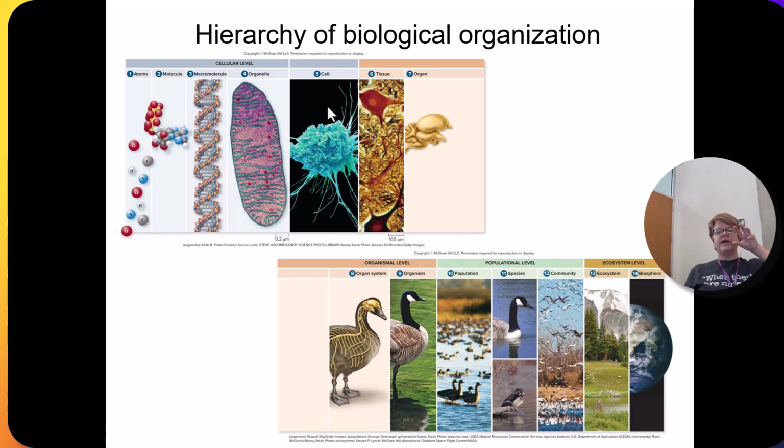You're moving away so that you can see bigger and bigger items in the same view, until you get all the way to biosphere, and then you're looking at the Earth from some kind of satellite in outer space. So there's this zoom out as you move across this slide.